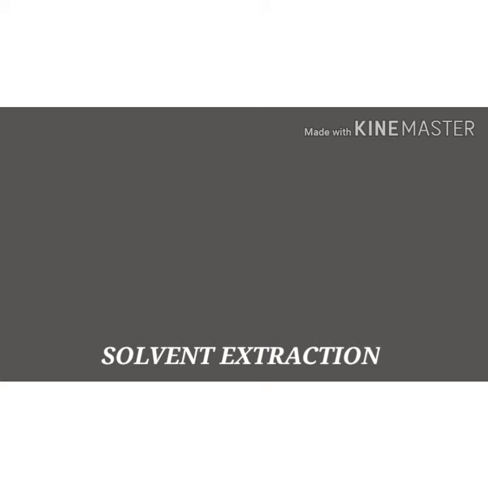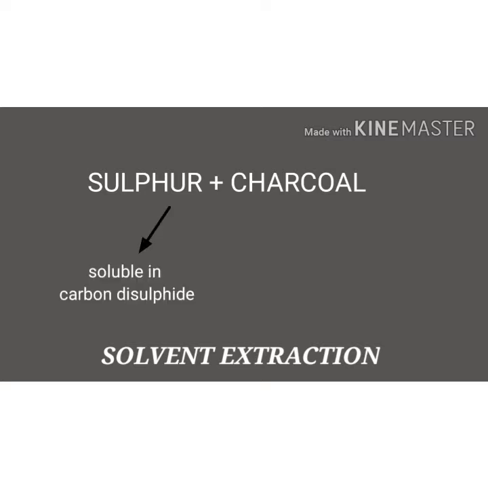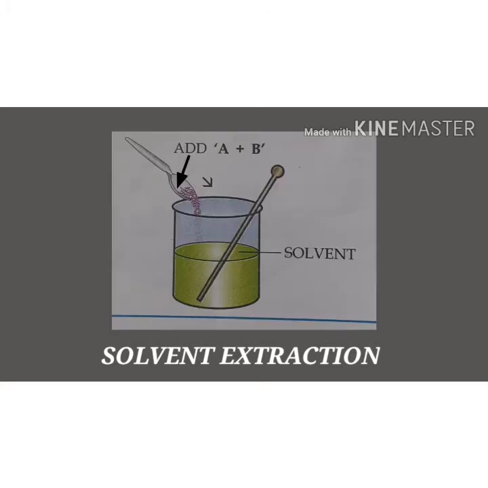The solvent extraction method works on a mixture of two solids in which one is soluble in a liquid and the other is insoluble. Here, in the mixture of sulfur and charcoal, sulfur is soluble whereas charcoal is insoluble. Sulfur is soluble in carbon disulfide, so here carbon disulfide is used as a solvent.